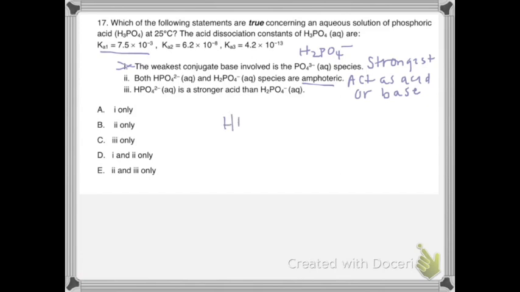So if we take the HPO4 2 minus, we know that it can go on to lose a proton and form that phosphate. But we also know that if we add water, that we can go backwards and form H2PO4 minus. Okay, so the HPO4 2 minus is amphoteric.